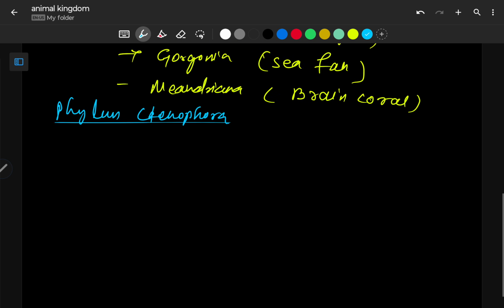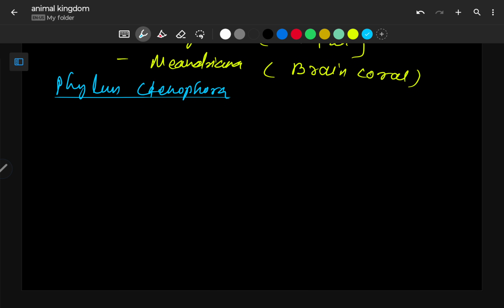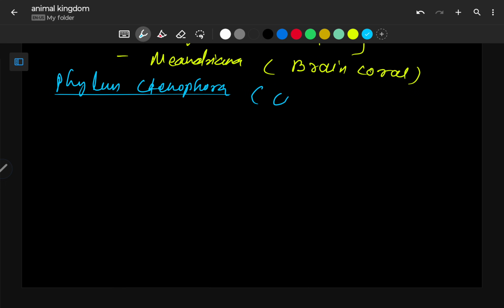Okay, so now come to the phylum Ctenophora. Ctenophora, commonly called comb jelly. They are exclusively marine. Unlike Cnidaria, where some are in fresh water and some in marine water, here they are exclusively marine.